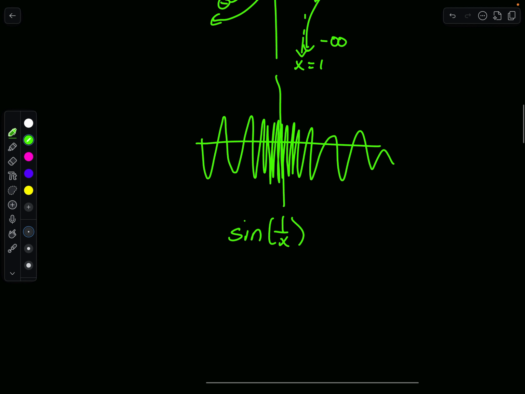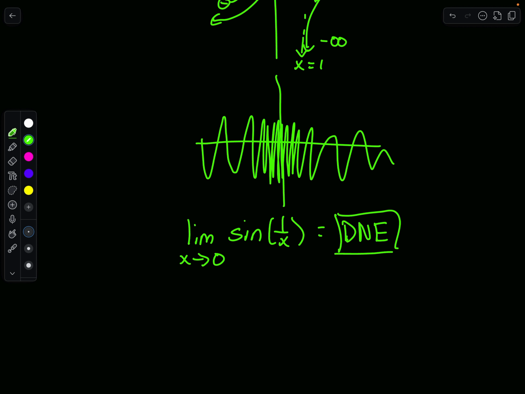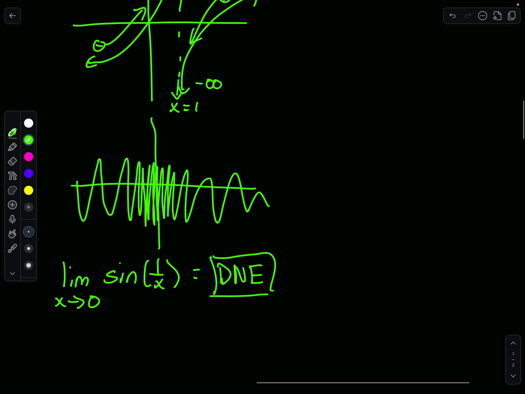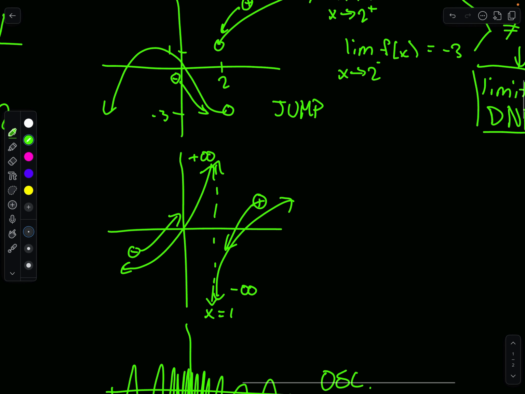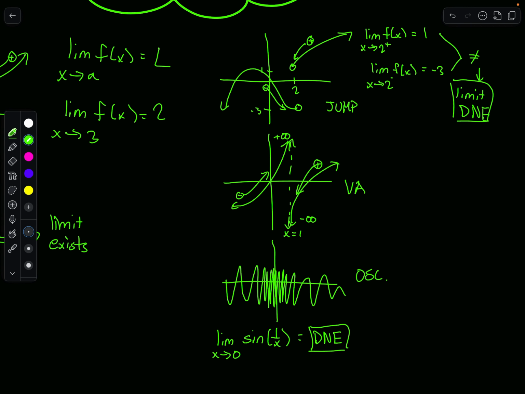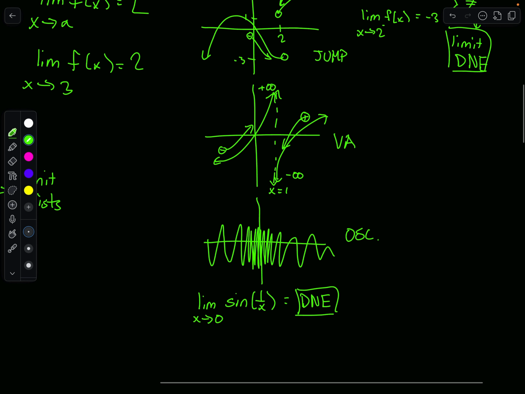This means that the limit as x approaches 0 does not exist. So this is oscillation, and this is vertical asymptote. So those are the three scenarios when a limit will not exist.